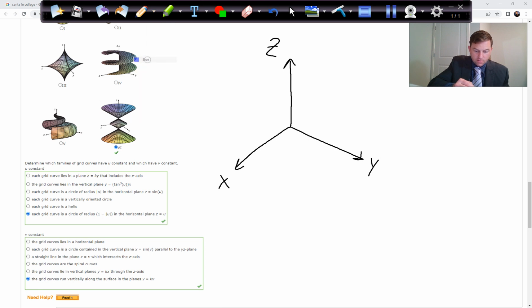So y is 0 when x is 0. When x is 1, we get y is k. When x is 2, we get y is 2k. And these things should connect.